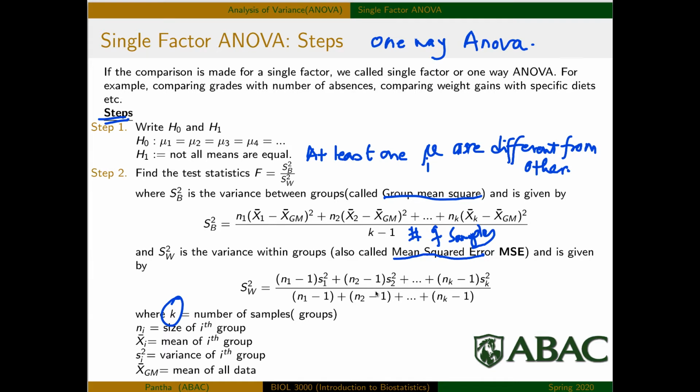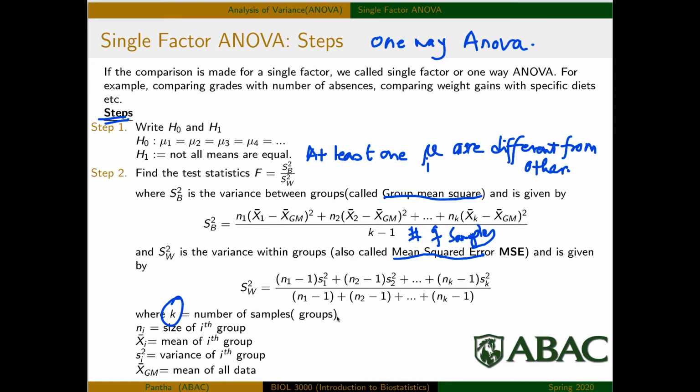In the weighted mean, you find the mean of the first sample times sample size, and so on, and divide by the total size. It is similar to that, but here it is the weighted mean of the sample variances, where the weights are the degrees of freedom, the sample size minus 1 in each sample.